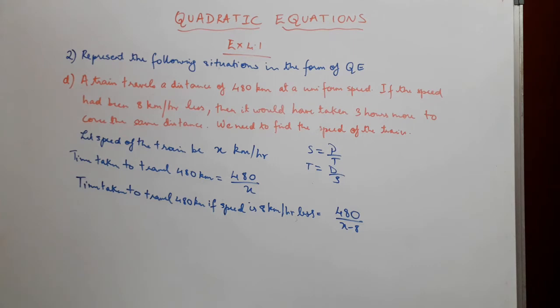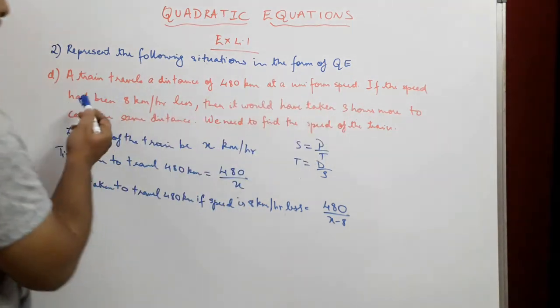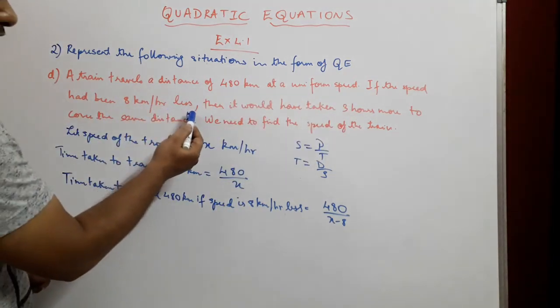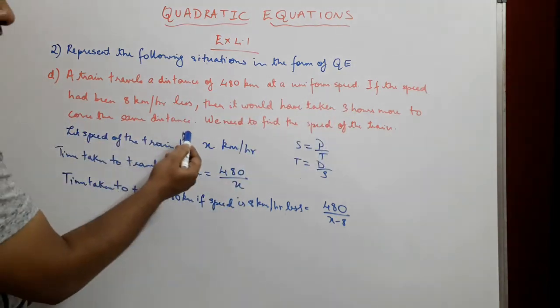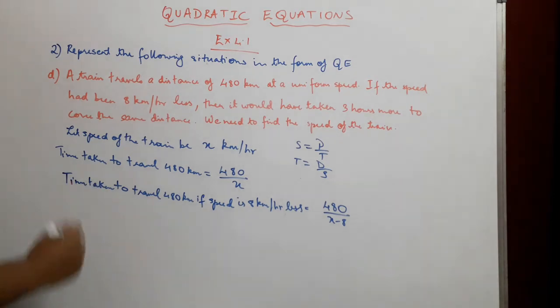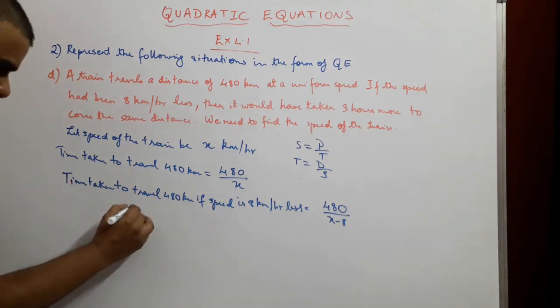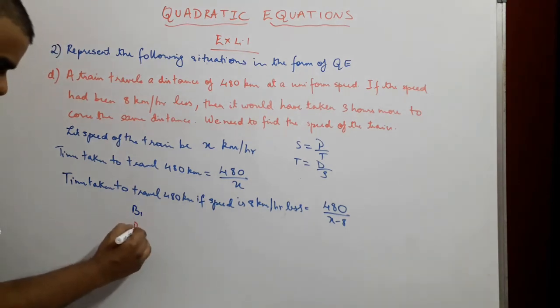Fine. Now it says if the speed had been 8 kilometers per hour less, then it would have taken 3 hours more to cover the same distance. So from here, how do we find the speed of the train? Let's just assume there are two buses, bus 1 and bus 2.